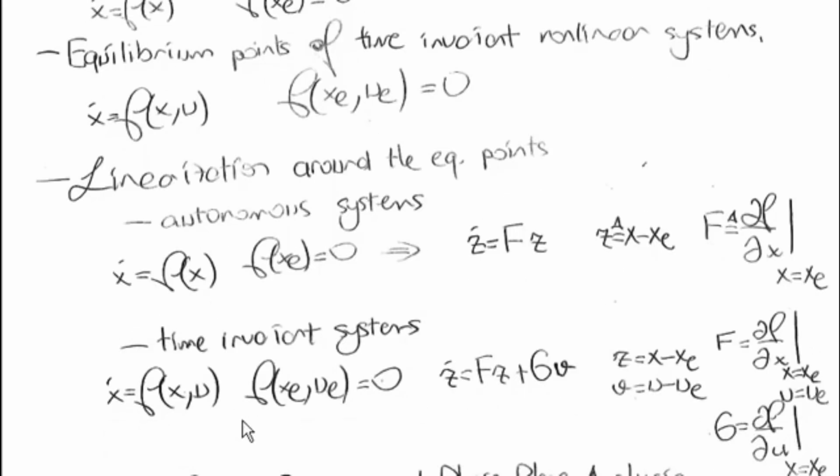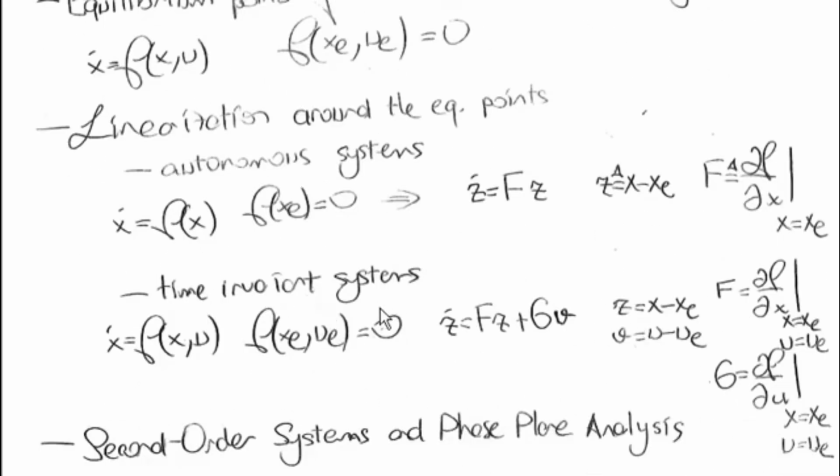For the time invariant systems, we obtained a similar result, except in this case we have a new input term, and we defined a deviation from the equilibrium input, and we now have the partial derivatives with respect to both x and u for obtaining these matrices.